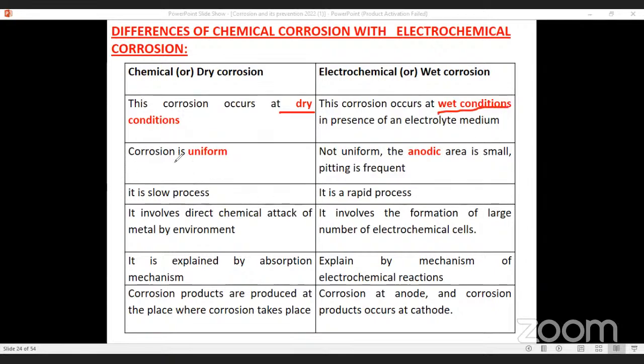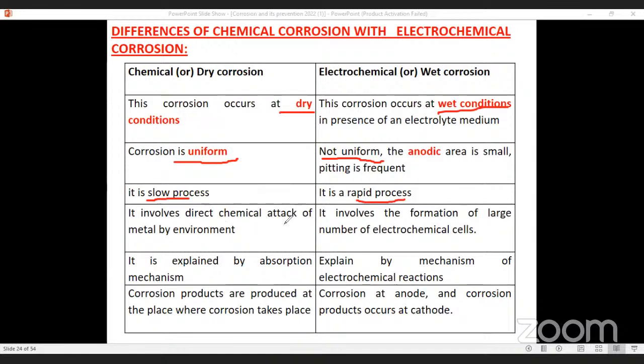In dry corrosion, the corrosion is uniform, but electrochemical corrosion is not uniform, because the corrosion takes place only at the anode rather than the cathode. Dry corrosion is a slow process, but electrochemical corrosion is a rapid, very fast process.